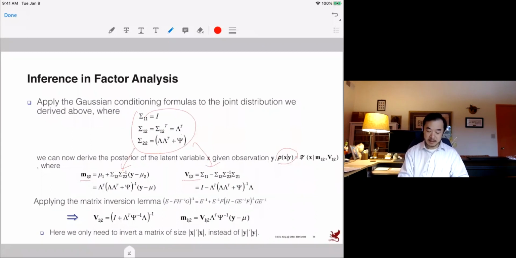So mechanically plug this in, you get these two equations. Okay, these two equations are very important because it now really solves your posterior inference problem. The conditional mean and the conditional distribution of x given y is basically well defined. So we might be happy to start from here and jump to the EM algorithm because now the E step is solved.